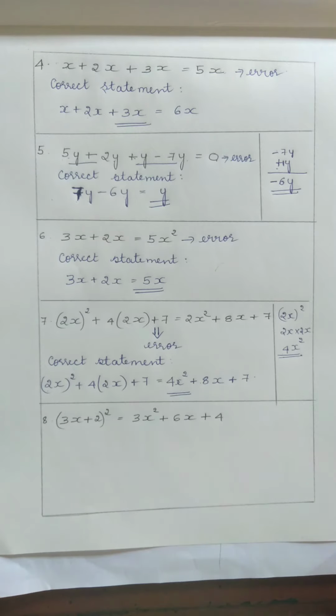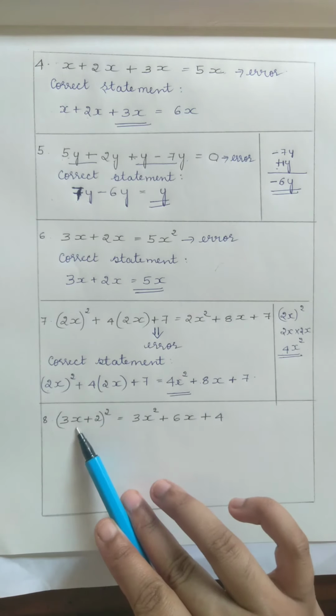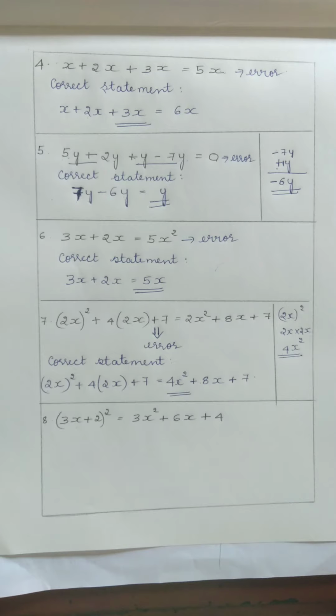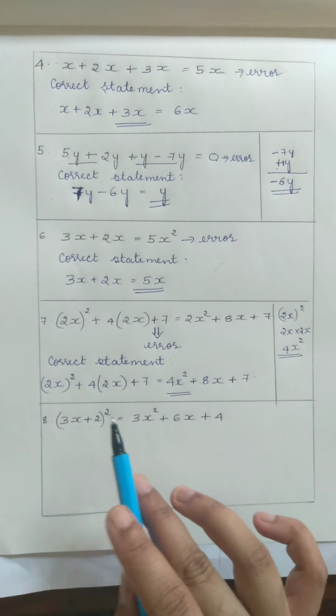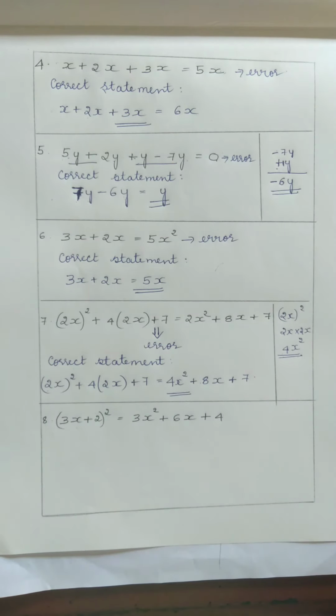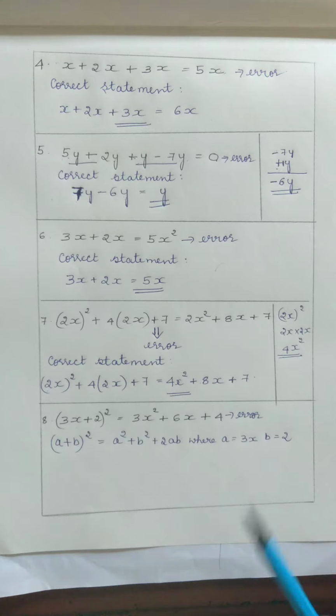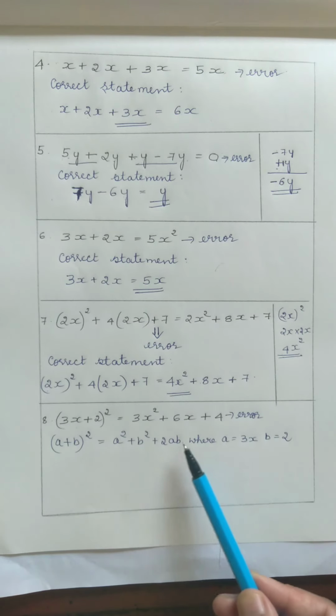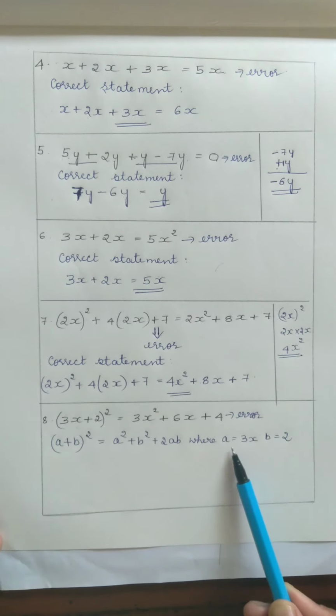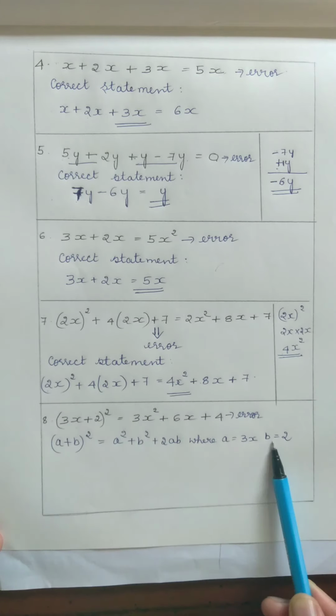So we can apply the identity in this particular mathematical statement. See, this 3x plus 2 whole square is of the form a plus b whole square. So, a plus b whole square is equal to a square plus b square plus 2ab, where a is equal to 3x and b is equal to 2.